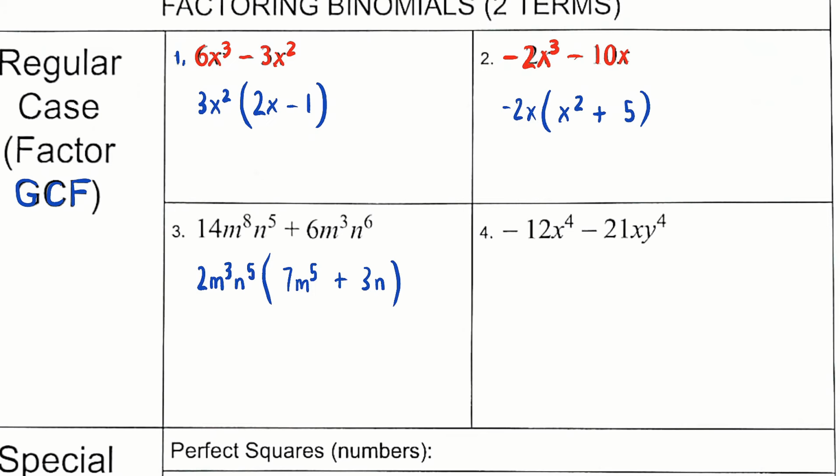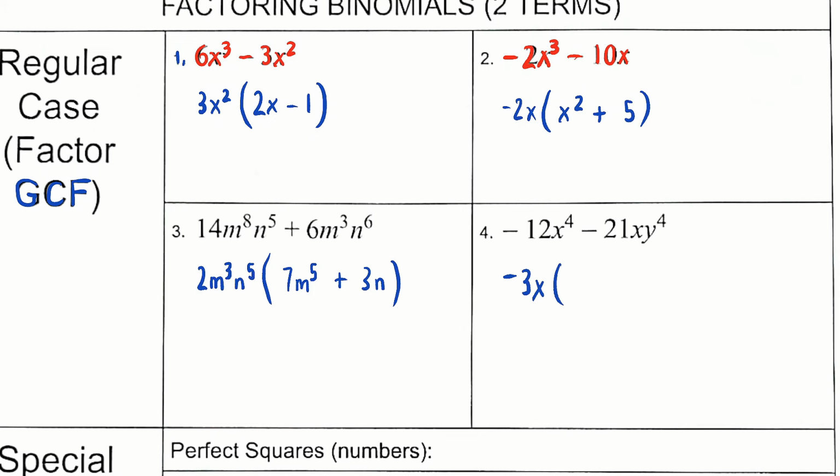Now remember, if that first term is a negative, we're going to pull out a negative 3. Now, that first term has x to the 4th. The second term has just x. So remember, don't pull out more than they both have. So you can pull out an x. Now, I know the second term has a y, but the first term does not. So we cannot pull out a y term.